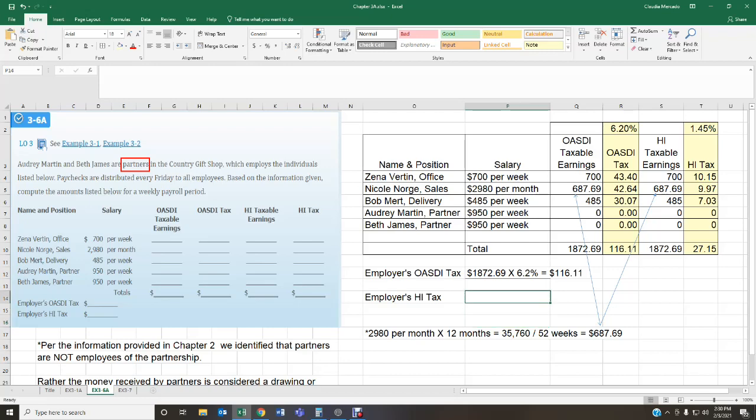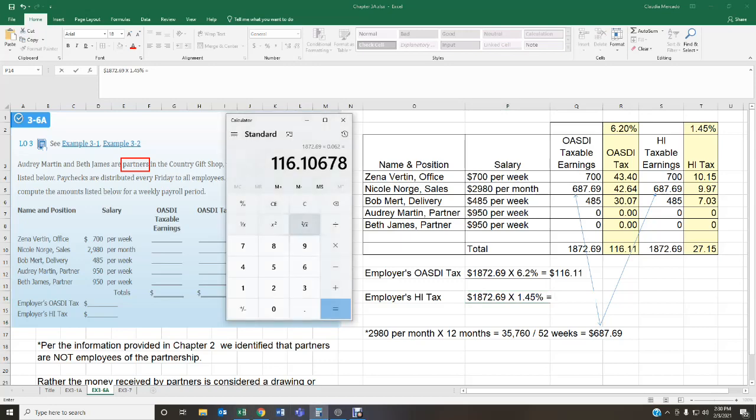For the employer's HI tax, it's the 1872.69 times the 1.45%. Let's see what that gives us. 1872.69 times 1.45% gives me 27.154.